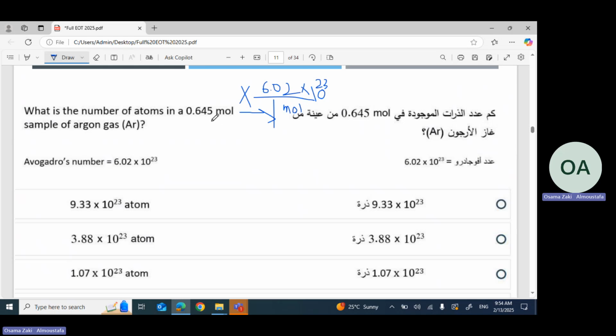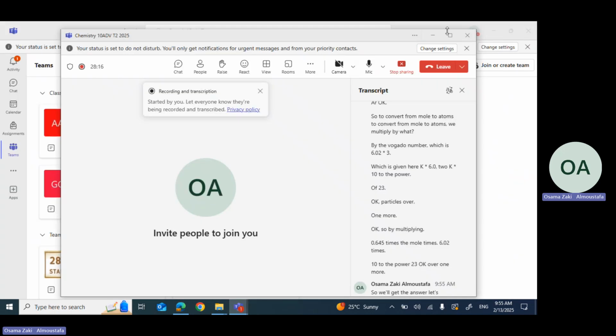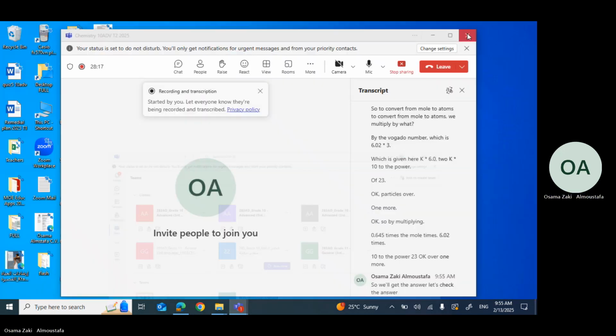So by multiplying 0.645 moles times 6.02 times 10 to the power 23 over 1 mole, we'll get the answer. Let's check the answer, okay? Just a moment, please.